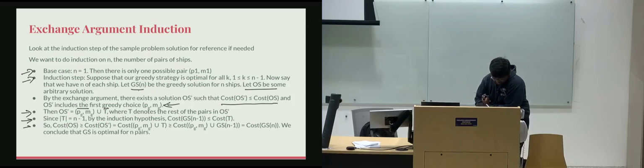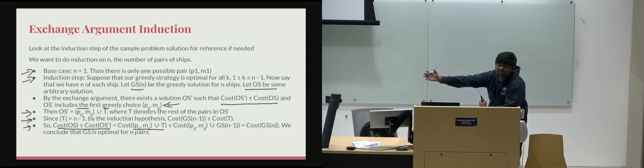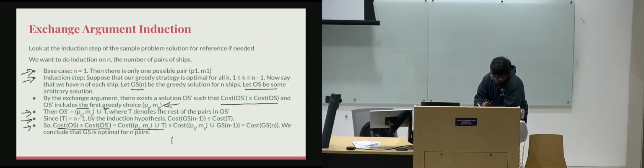So now it turns out that this first half is your exchange argument, and your cost of OS is nothing but pairing this first greedy solution and having some T, the rest of the solutions in that OS prime. And it turns out that T is always greater than or equal to GS of n minus 1. This is your induction, what you define in your inductive step.